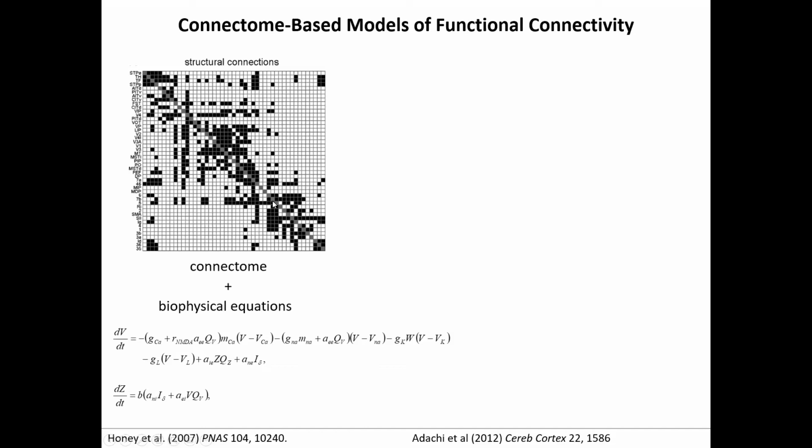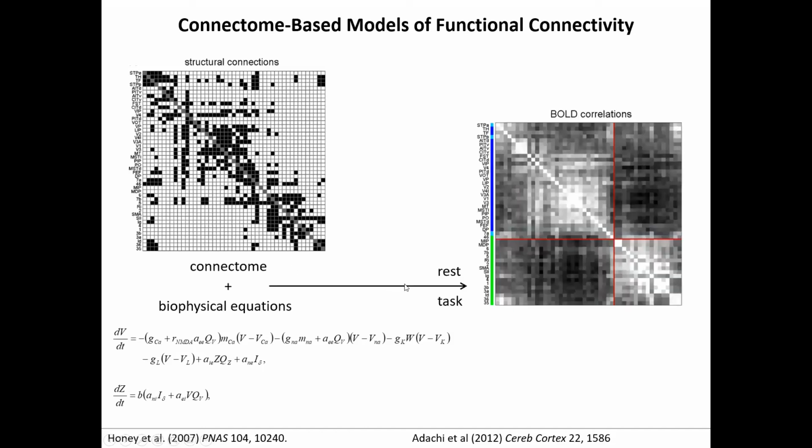So now we can integrate those ordinary differential equations, and we can pass our simulated time series through a synthetic BOLD mechanism to create synthetic BOLD data, which we can then cross-correlate using the same post-processing strategies as are done in empirical data. So effectively, we are doing a simulation of a brain without using a scanner at all, and creating synthetic BOLD signals from that brain simulation. It turns out that those approaches are quite useful because we can perturb this matrix.